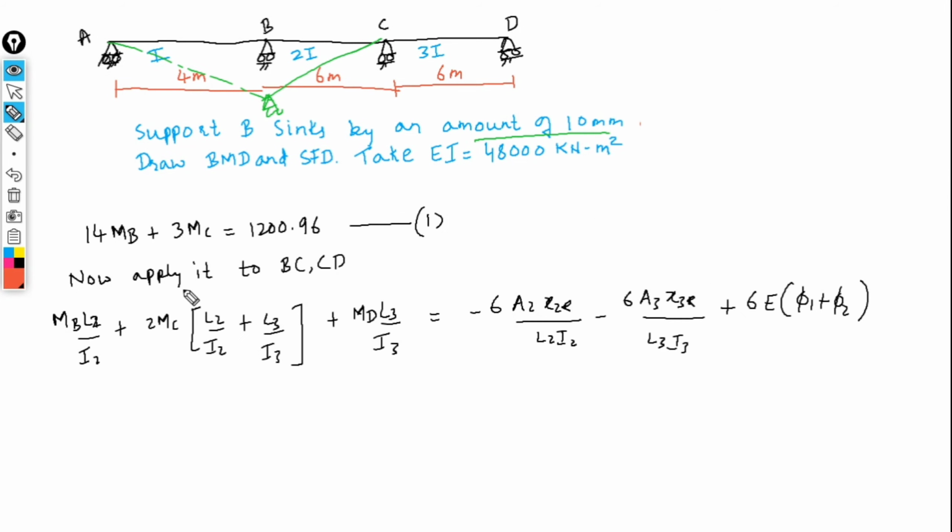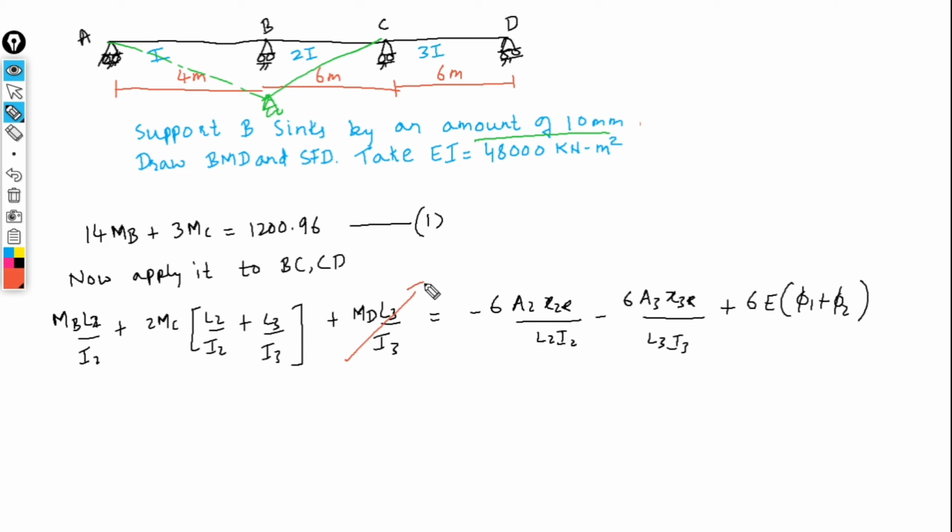Now applying the three moment equation to spans BC and CD. First we applied it to AB, BC and got this equation. Now you can apply it to BC and CD, and this is the possible three moment equation. MD is 0 because it is the end support, a roller support.